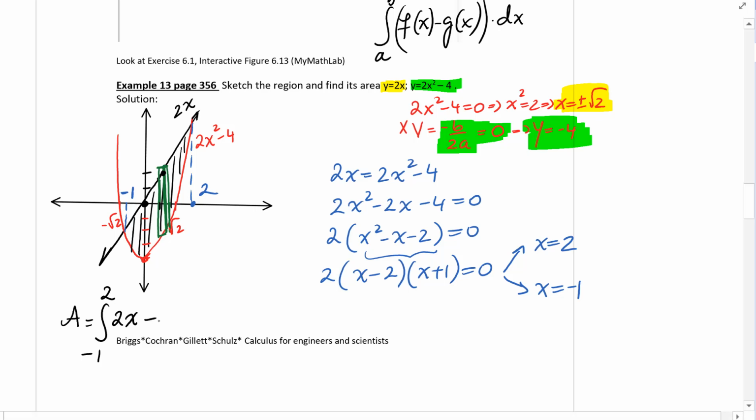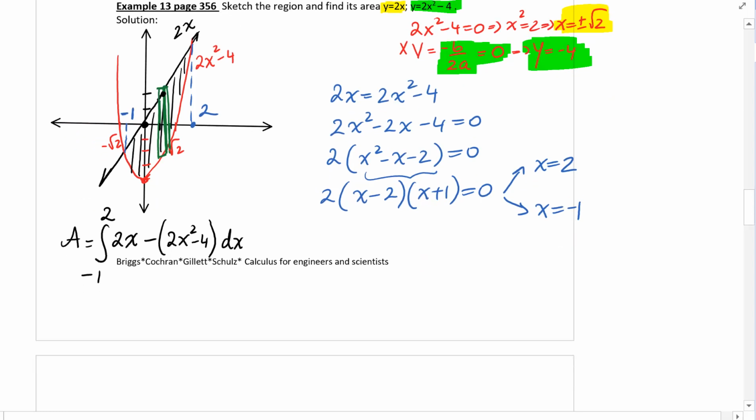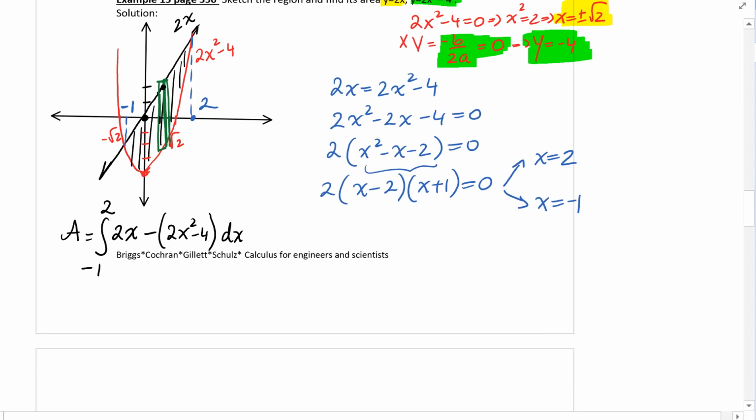So 2x minus (2x squared minus 4). Make sure you put parentheses because the negative changes all the signs. So then we have just to calculate this integral, which I advise you to pause again and try to solve it on your own, and then unpause and see what I got.